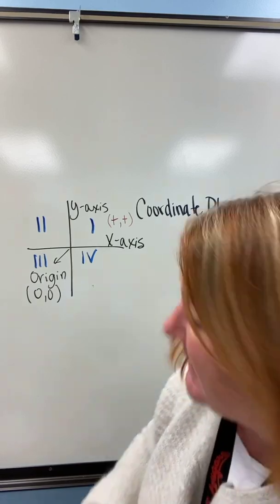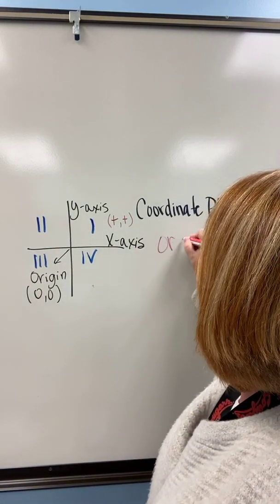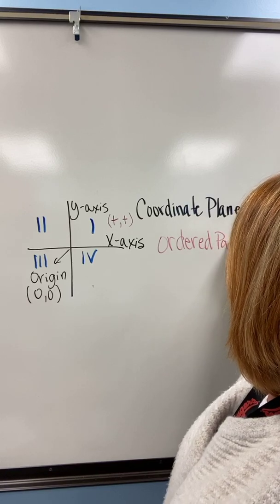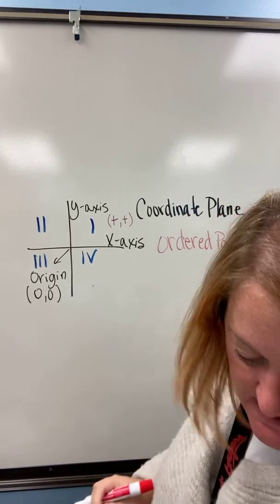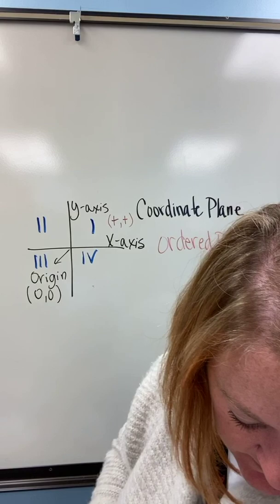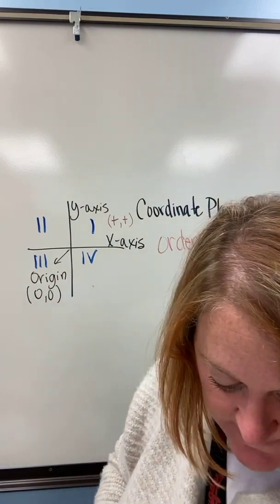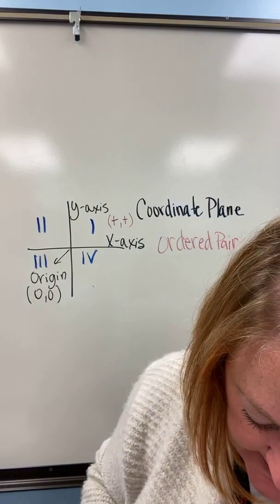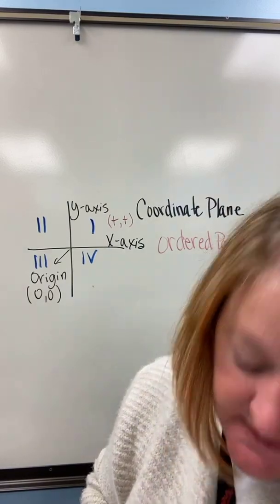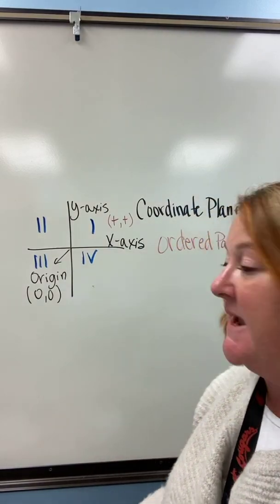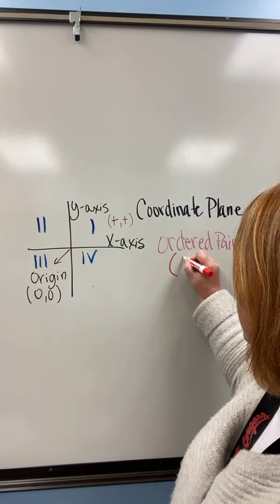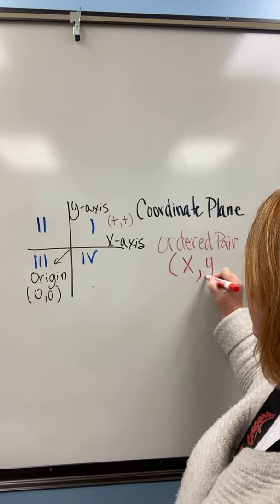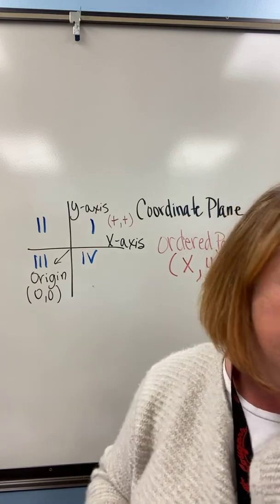And so an ordered pair is in your definitions, but of a number is the given coordinates that locate a point on the coordinate plane. So it will always be, and this is the most important part, x, comma, then y.